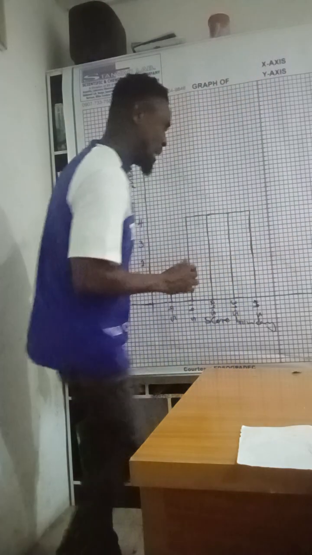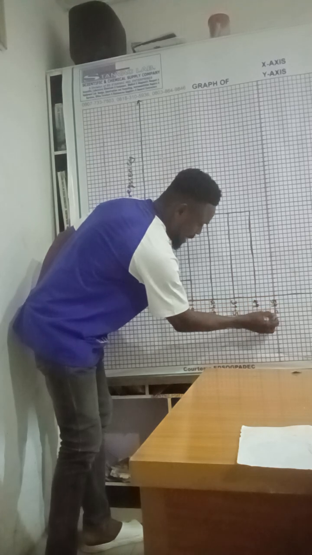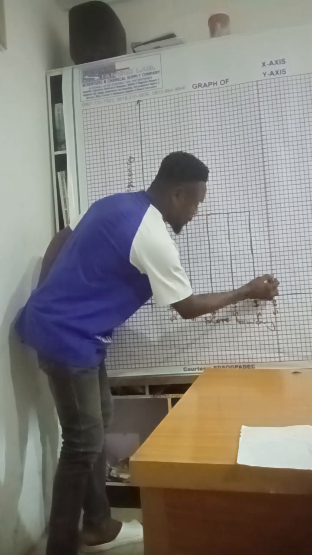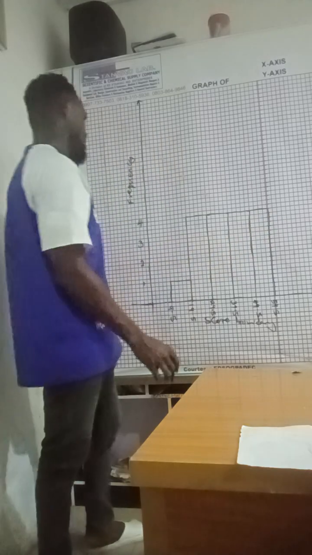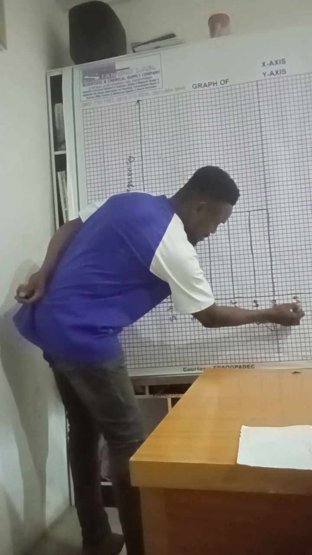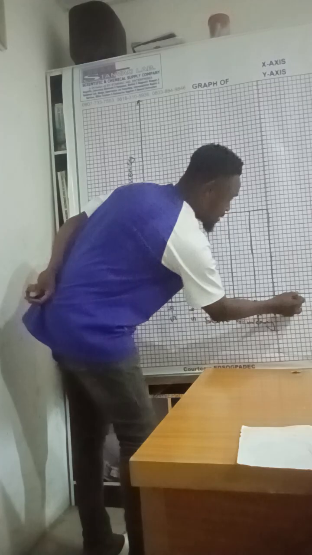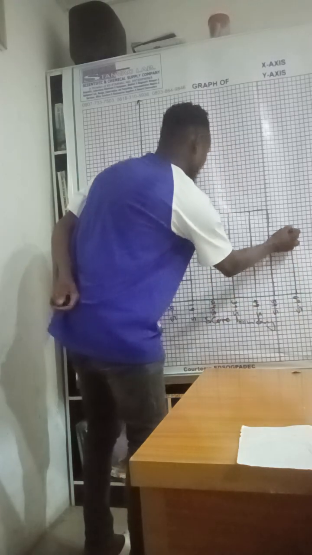And then we have 49.5 to 59.5, we still have the same 4. Then we have 59.5 to 69.5, and that one is 3.